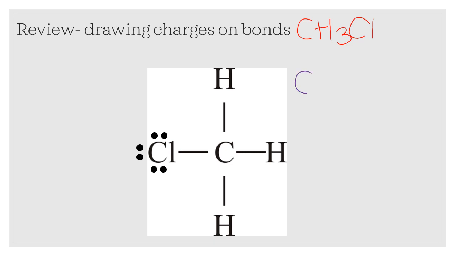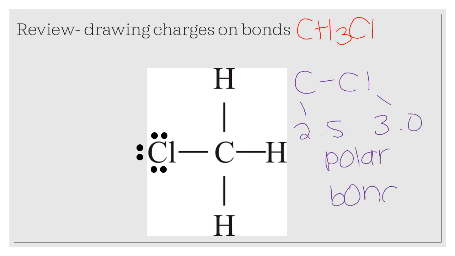So looking at the carbon and the chlorine bond, carbon's electronegativity value is 2.5. Chlorine's is 3.0. So that's a polar bond. Chlorine is more electronegative, so I'll draw the arrow towards chlorine.